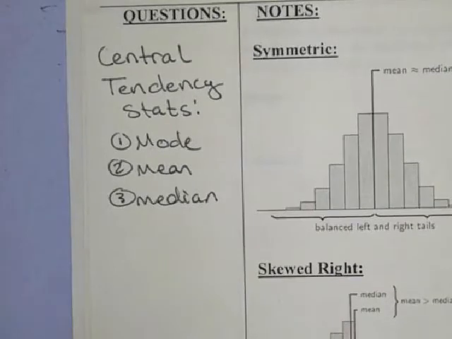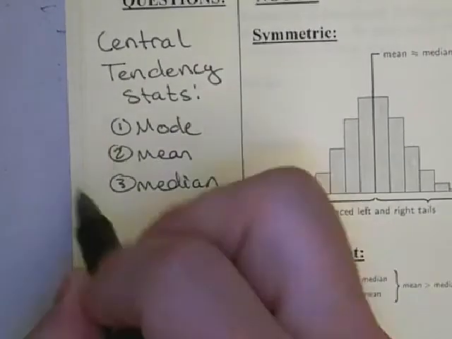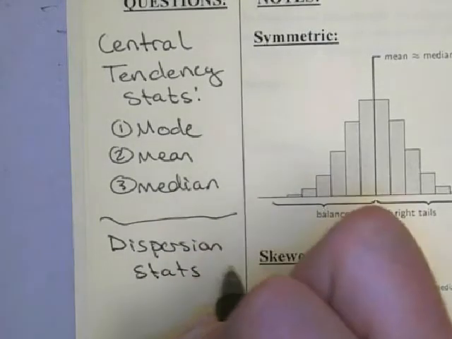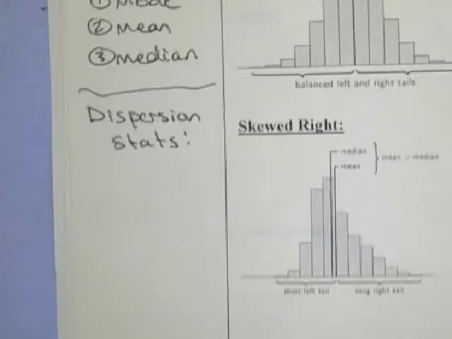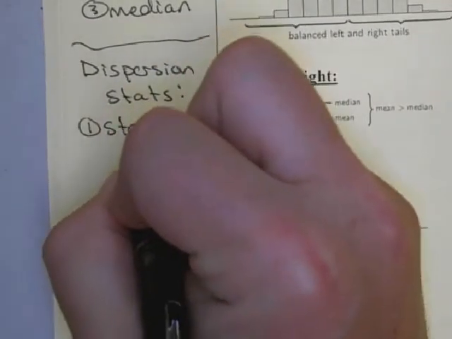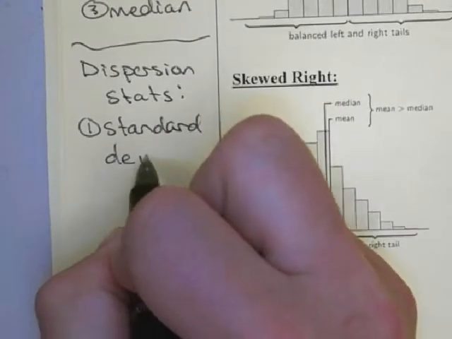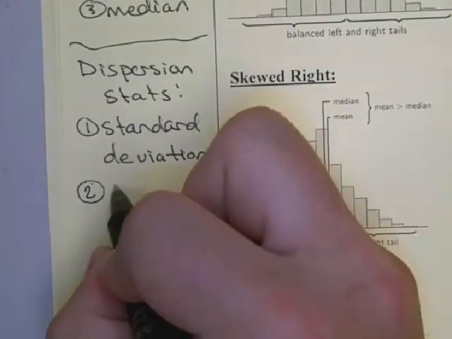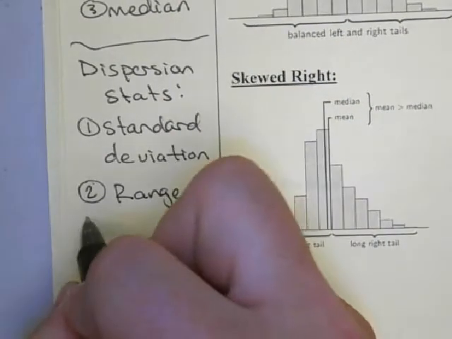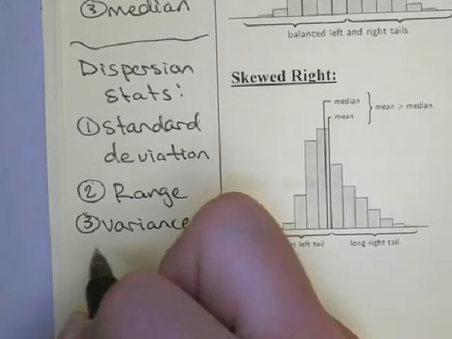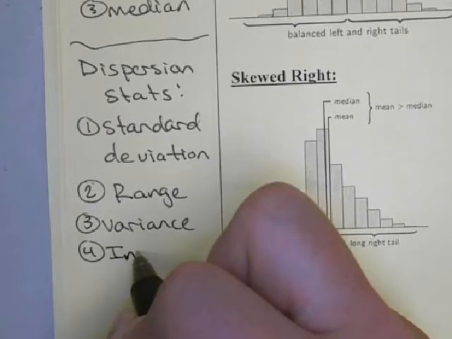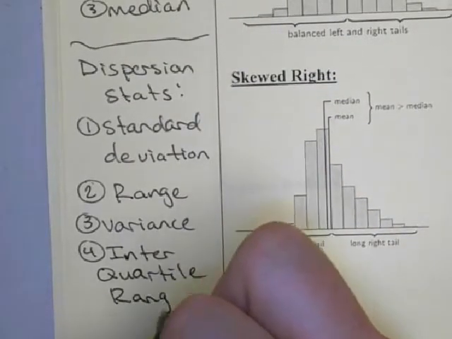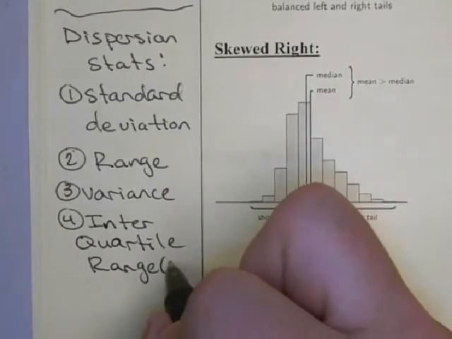And then what we've been going over in this chapter is our dispersion statistics, which would be our standard deviation, range, variance, and interquartile range, which we will abbreviate with the IQR.